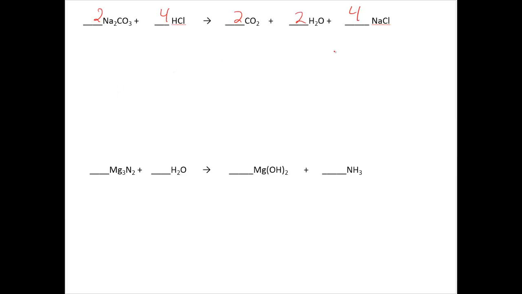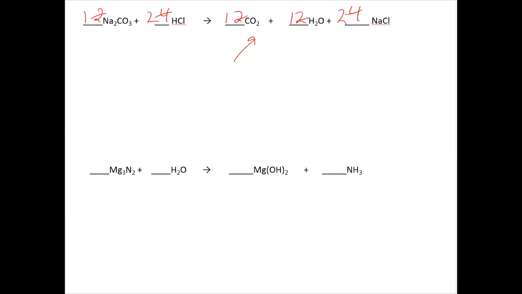This is still a balanced equation, but I can divide this entire equation and not get fractions. So a better answer would be 1, 2, 1, 1, 2. So I expect to have the lowest coefficients possible without generating fractions.